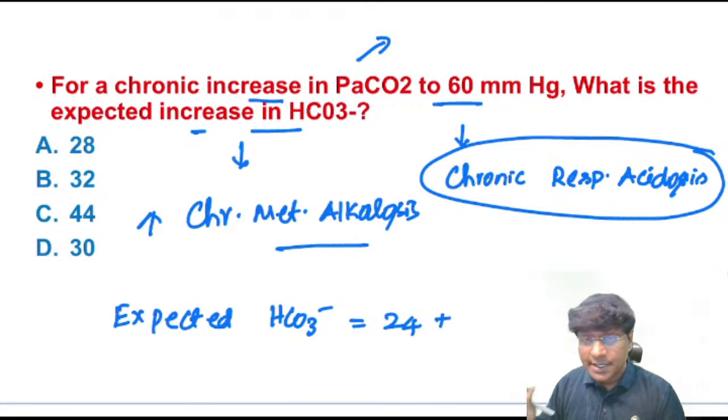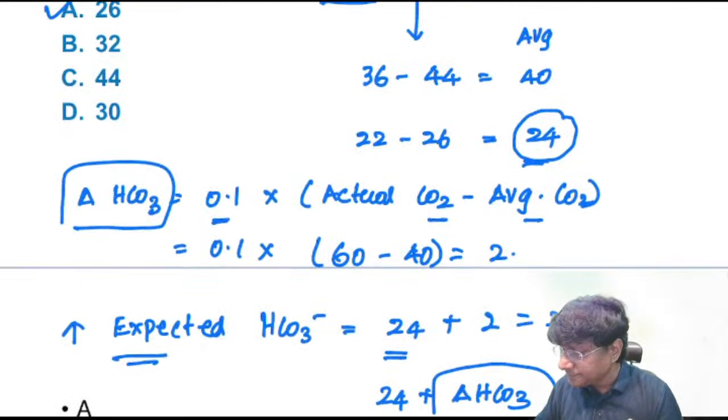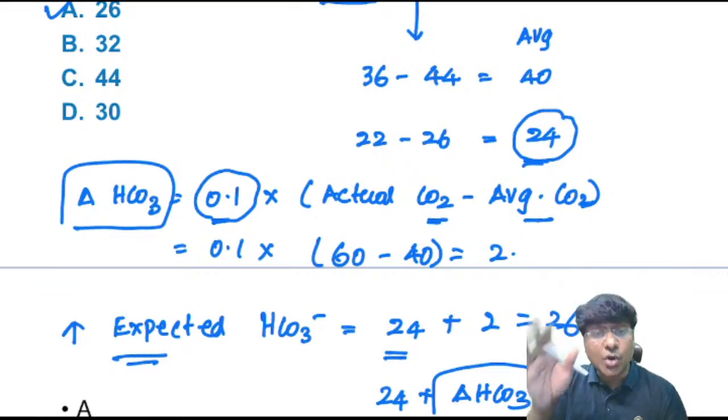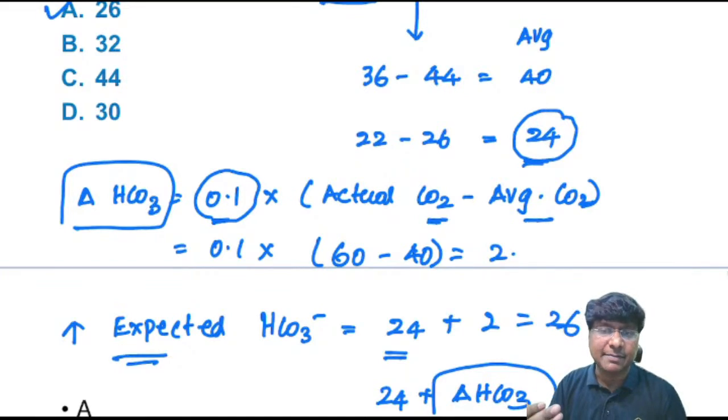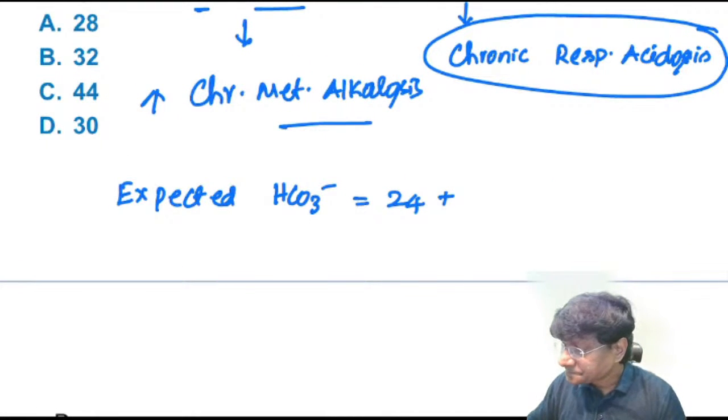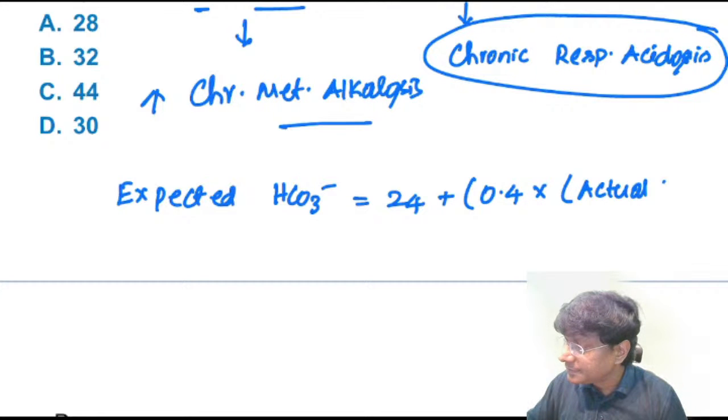Okay, so what is the formula that we used for acute? I'll revise once again. For acute, we took 0.1 multiplied by actual carbon dioxide minus average carbon dioxide. But for the chronic expected bicarbonate value, please remember 24 plus 0.4 multiplied by the actual carbon dioxide minus average carbon dioxide.